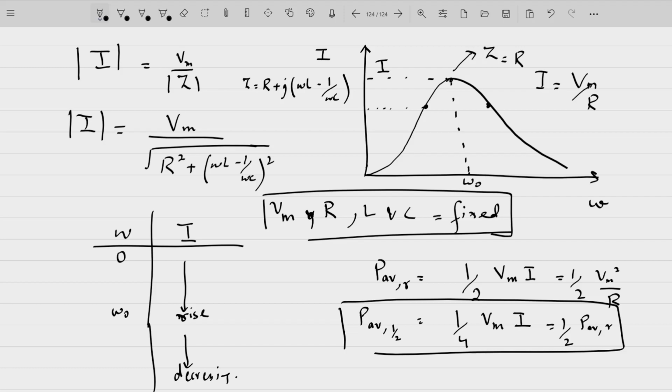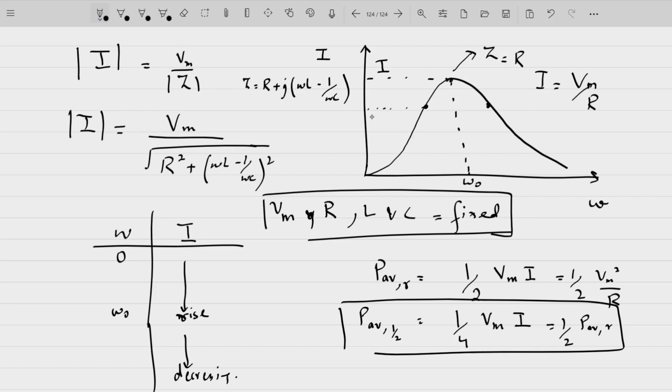So on either side there will be some value of current I, at which the average power in the RLC circuit will be half. Since you already know that P average R is equal to 1/2 of Vm square by R, how can you obtain this 1/4? If you choose a value of Vm divided by √2, तो square में वो actually root 2 का square हो जाएगा, that will mean 1/2, 1 into 1/2.